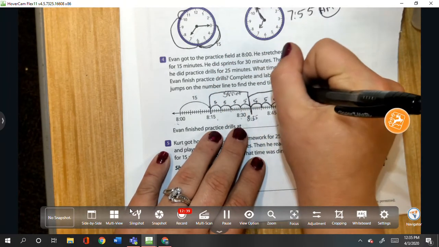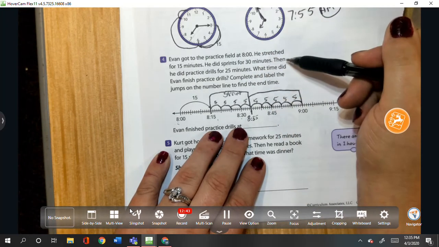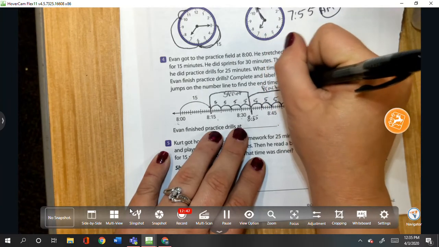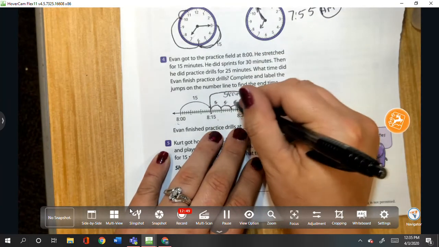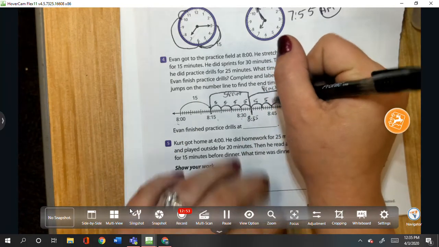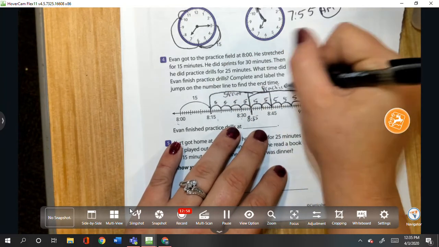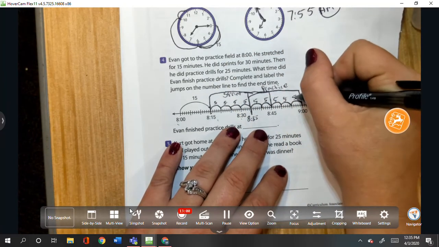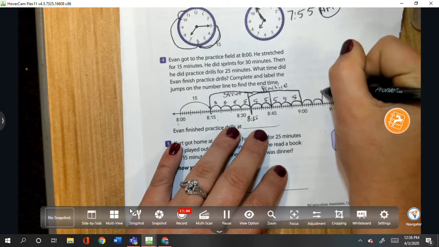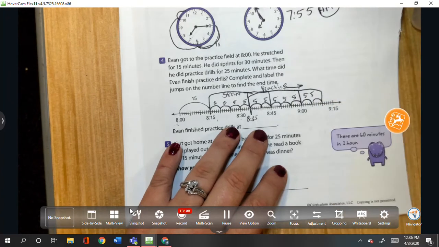And this was, where did it go? Practice. 5, 10, 15, 20. Oh, we did 30 minutes worth of sprints. My bad. 30 minutes worth of sprints. Then we did 5, 10, 15, 20, 25 minutes of the practice.